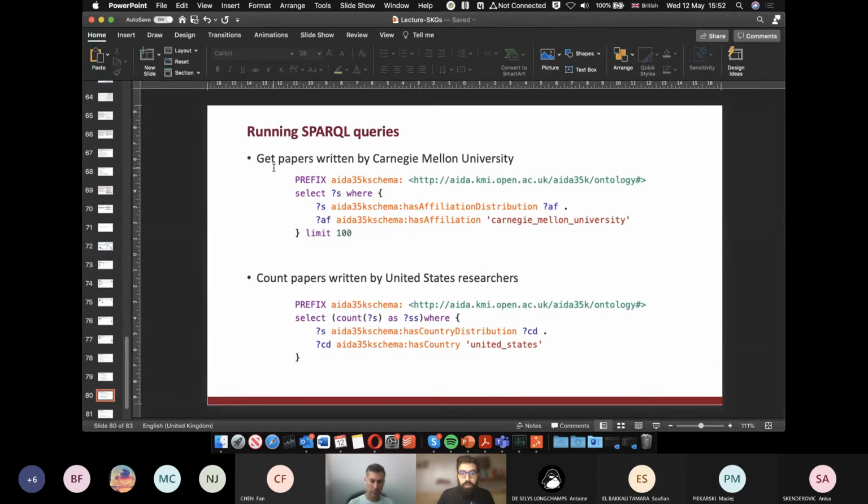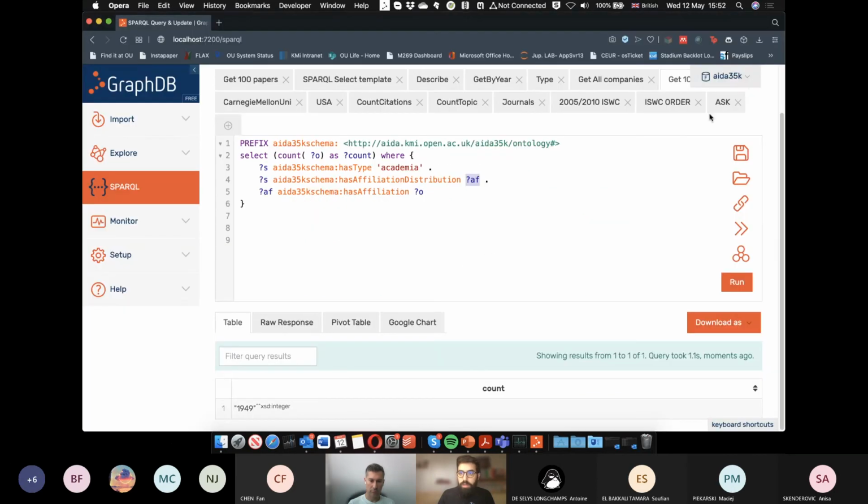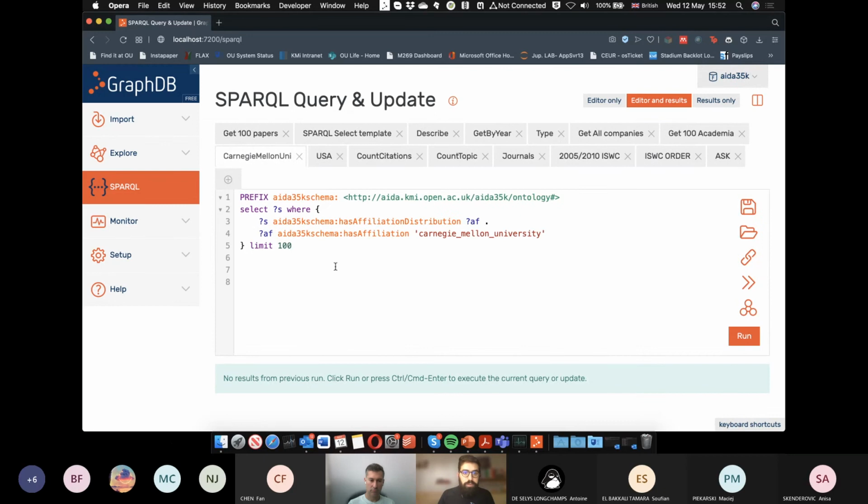Then I can get all the papers that have been written by Carnegie Mellon University. So let me go here, Carnegie Mellon University. How does it work? Again, given a paper, what I want are all the papers. So select subjects.